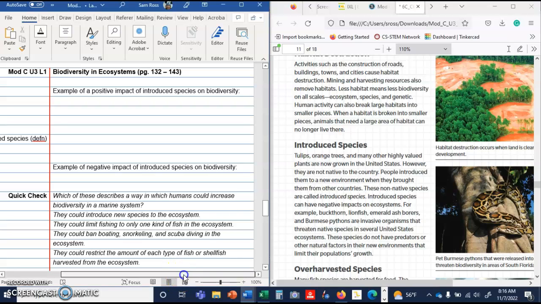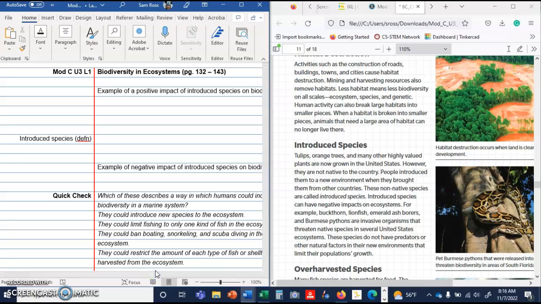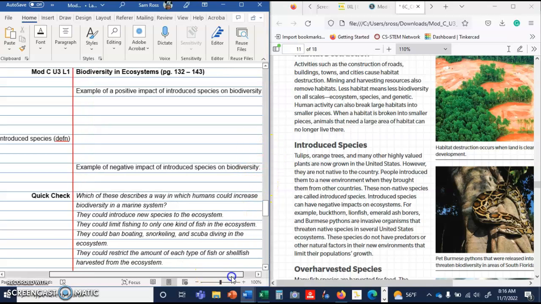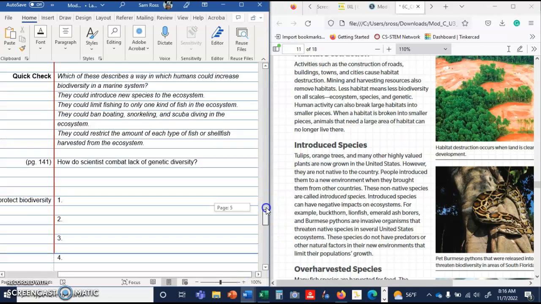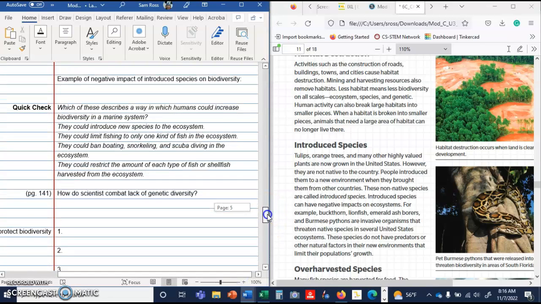Those are non-native species and are introduced species. The definition of an introduced species is right here, where you see the italic introduced species. These are non-native species, so species that are not native to or not normally grown in that particular area.